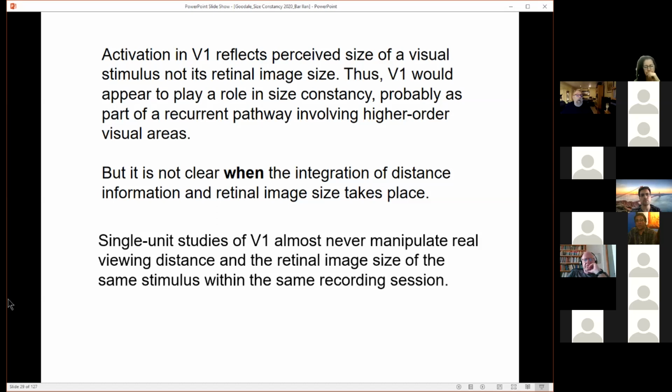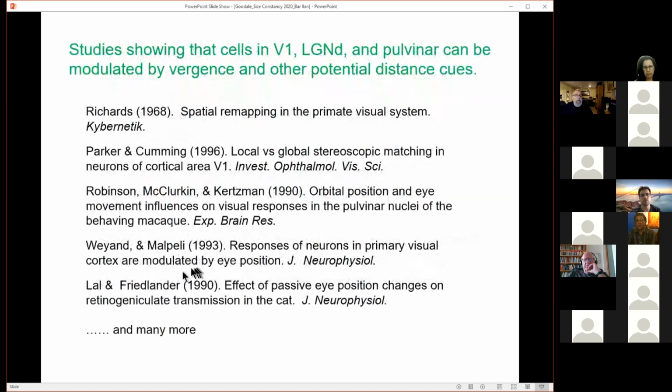Now, there are some opportunities for computation of the real world size in V1, because there's a number of papers that show that cells in V1, in the lateral geniculate nucleus, the pulvinar, that these thalamic nuclei and V1 can be modulated by eye position and other potential distance cues. This work goes back into the 1960s. Here's one example.